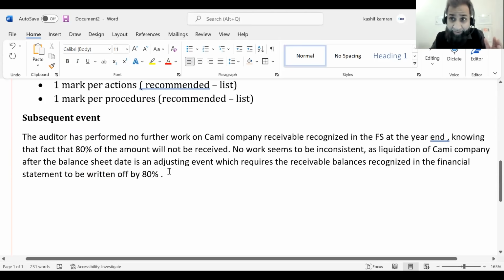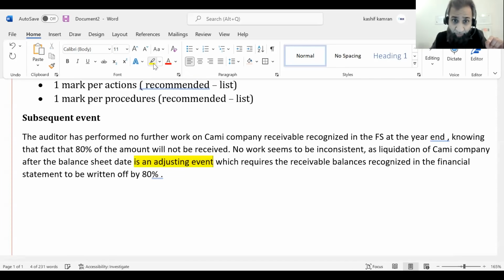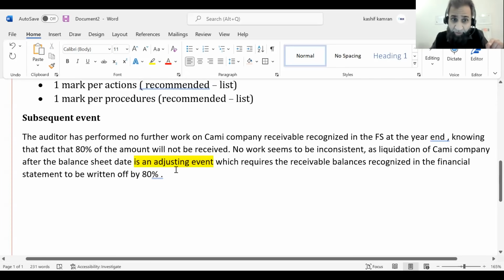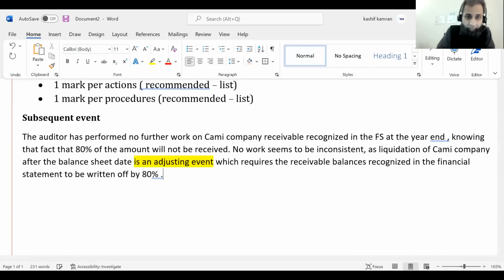So it is inconsistent, because you should have taken some actions on this event being an adjusting event. So no further work seems to be inconsistent, number one, as liquidation is an adjusting event. So it should be adjusted, and 80% of the amount should be written off. Full stop.